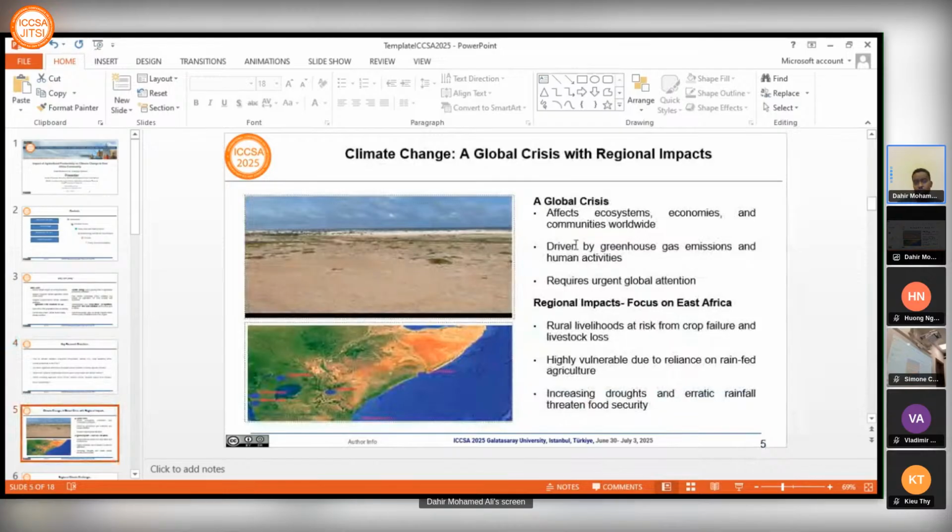In the world, climate change is a critical phenomenon that affects environment, economics, and communities worldwide. It also has a regional impact on East Africa. Rural livelihoods are at risk from crop failure and livelihood loss due to the increase of droughts and erratic rainfall, which threaten food security.